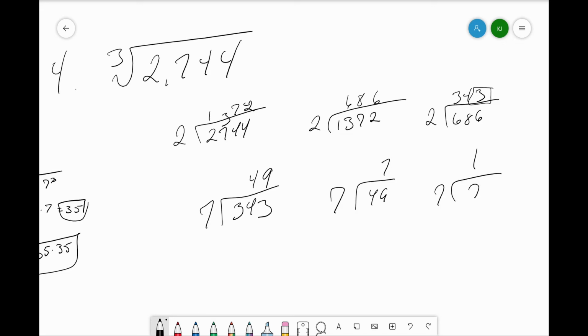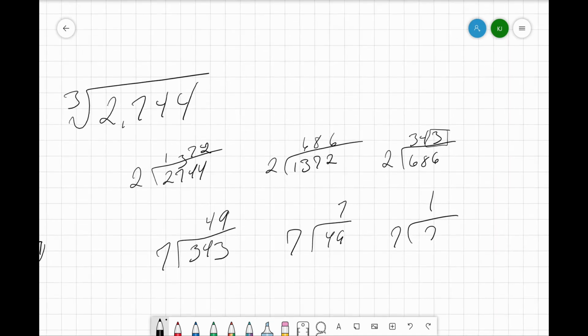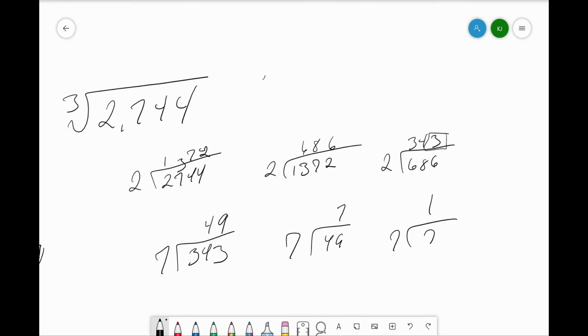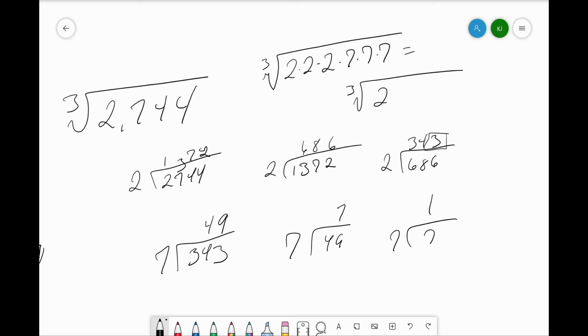So this gives us a nice 3 numbers to work with, instead of the several others that we ended up with when I was doing this earlier. And then that would end up to be 2 to the power 3 times 7 to the power 3, 2 times 7, which equals 14. And there would be our answer.